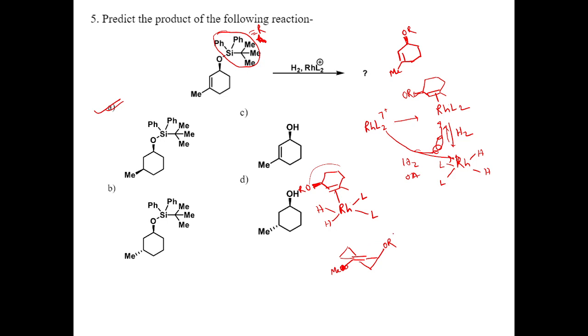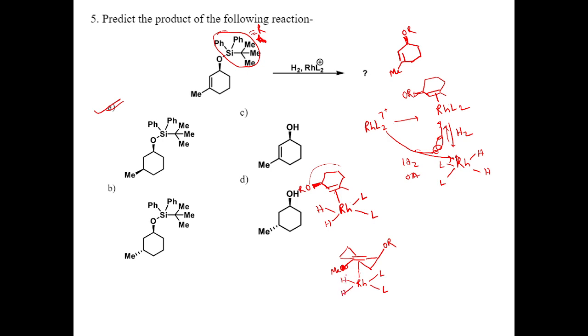So the binding of the ligand cannot be from the upside because this huge bulky group is there. Okay, so it has to bind with the olefin from below the plane. Okay, it is understandable, right?